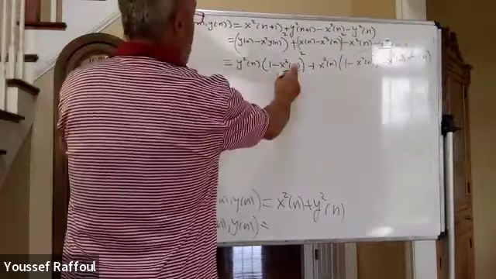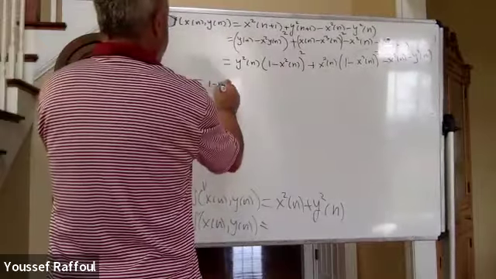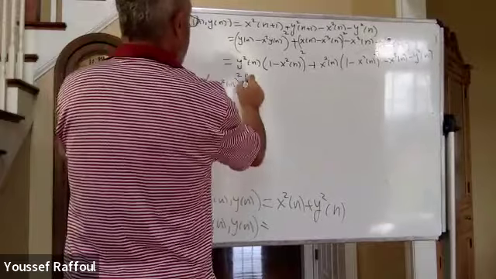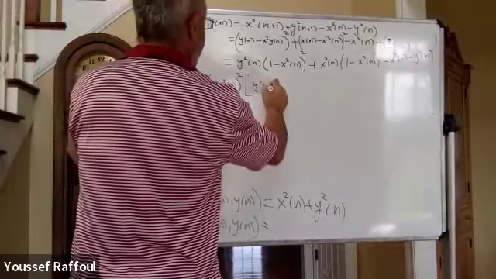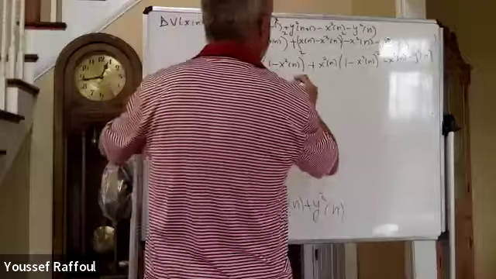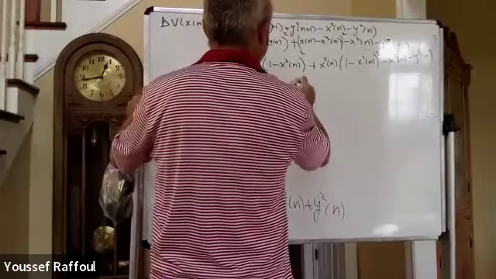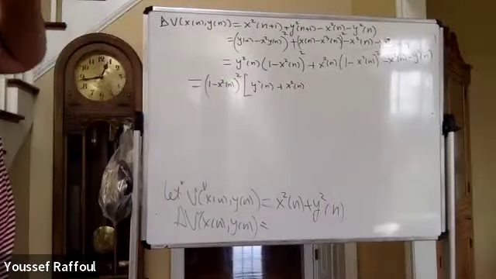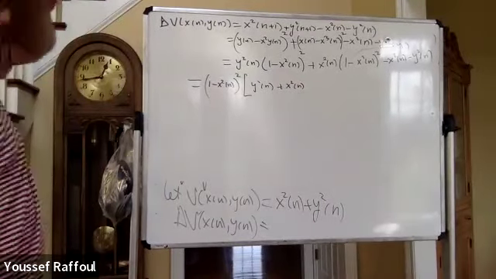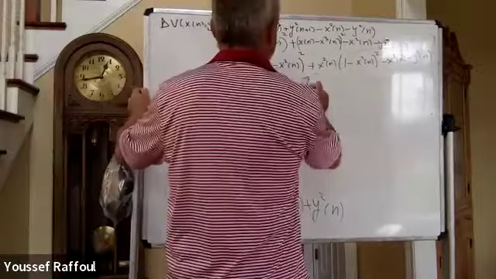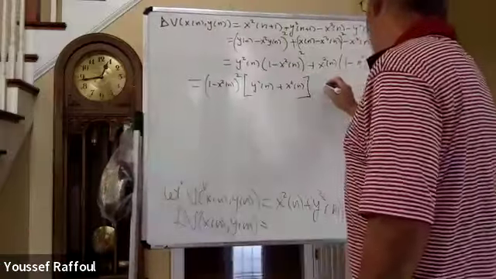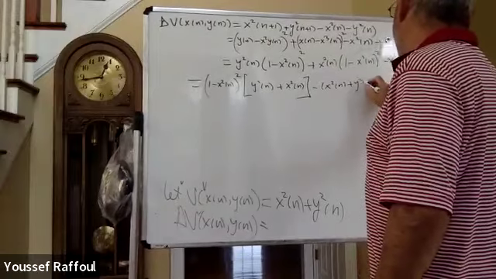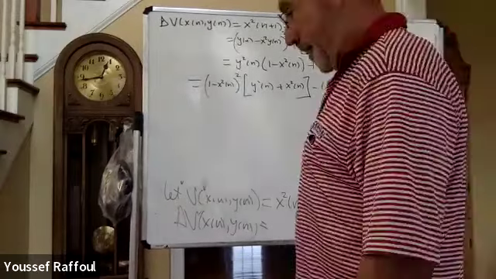So factor (1 minus x squared of n) squared, you're going to get y squared of n plus x squared of n, minus x squared of n plus y squared of n.